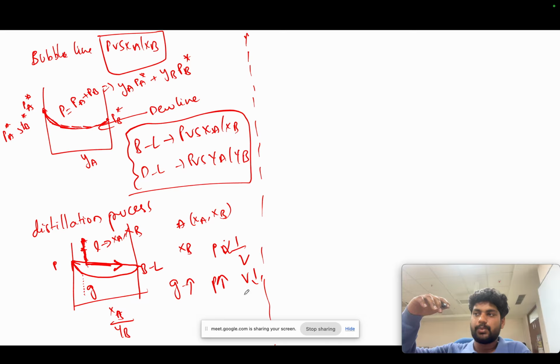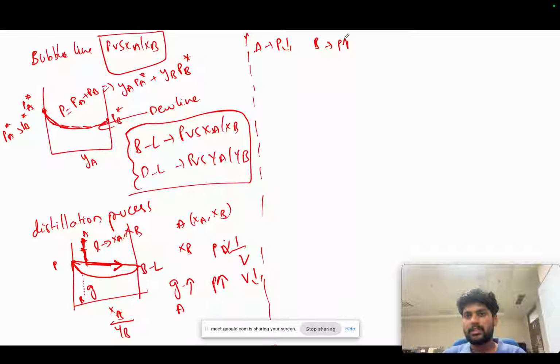Suppose you have the liquid in this box, and suppose this has a B position and this has an A position. If I am considering the A position, from A you need to decrease the pressure, from B you need to increase the pressure. It means volume is increased, volume is decreased. So now take the box and try to increase the volume.